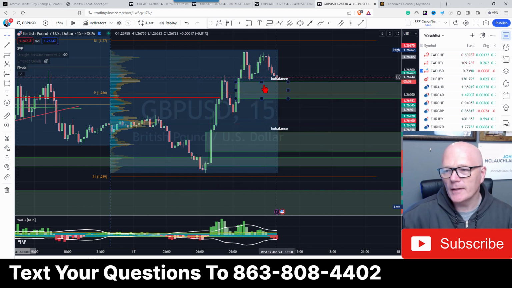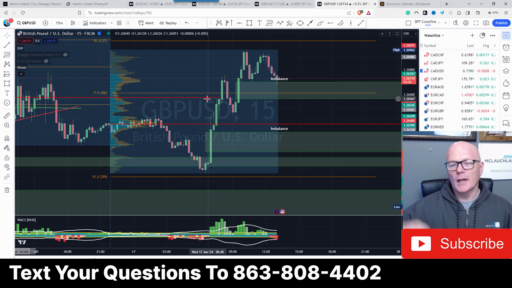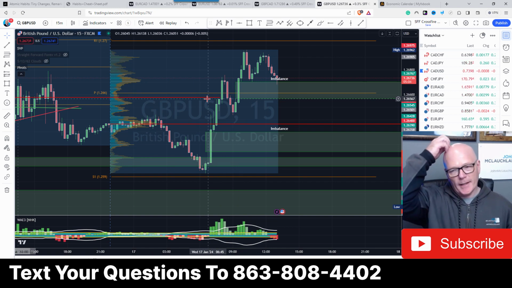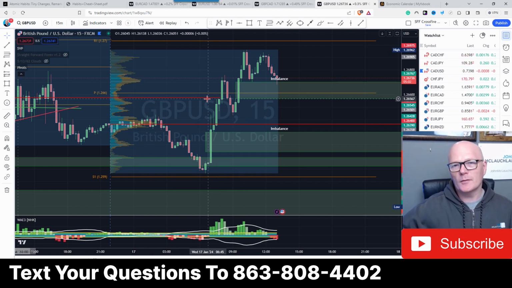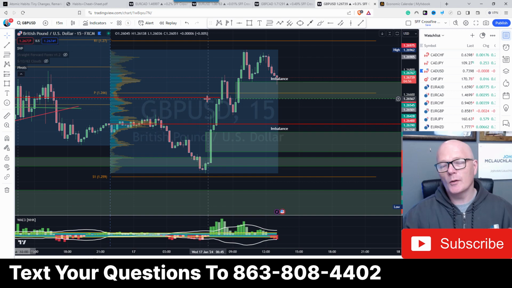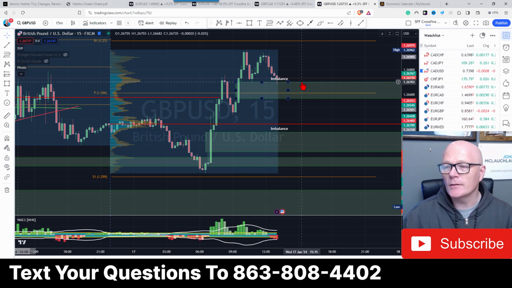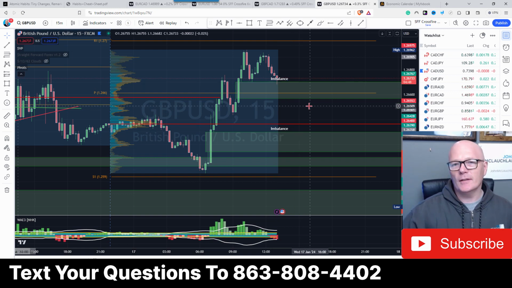This point of control is relevant, and if price hits it, then it's a bit like imbalance where it mitigates it and cancels it for the next time. What you can do on your charts is plot all the points of control that have not been mitigated, in the same way that you can do imbalance. So again, it just adds additional confirmations.